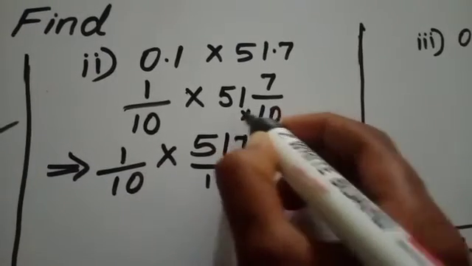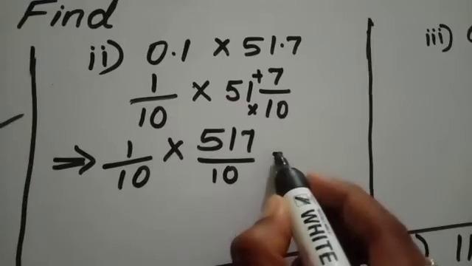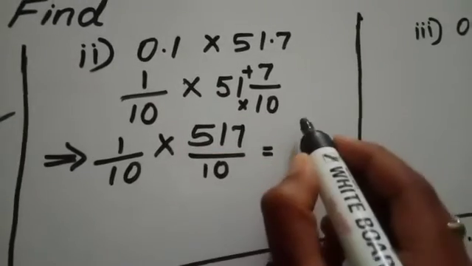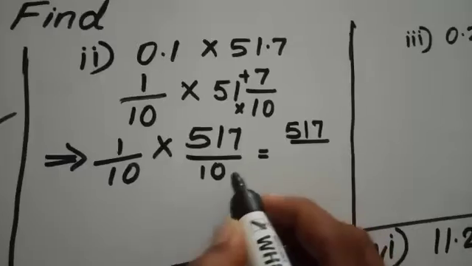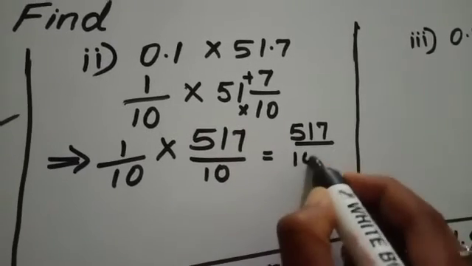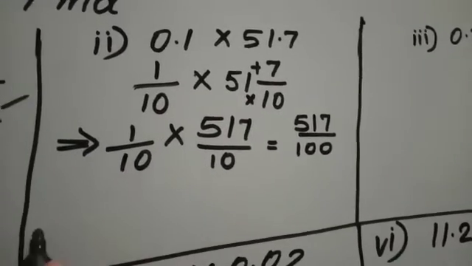Here we have to multiply, here we have to add it. So now we have got both fractions. 517 multiplied by 1, you will get the same number. 10 10s are 100. Now we have got 517 upon 100.